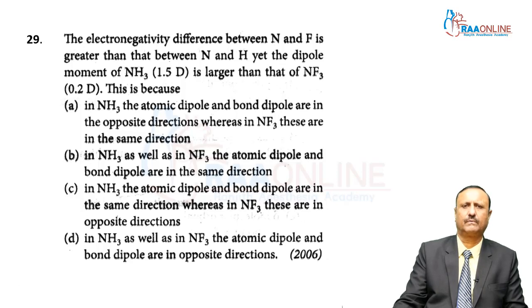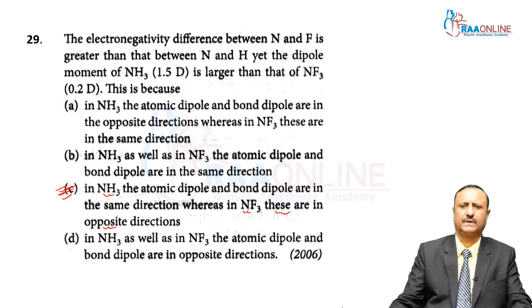Here the dipole moment of ammonia NH3, 1.5 D, is larger than that of NF3, 0.2 D. This is because, my dear students, for question number 29, you can go to answer C, because in ammonia the atomic dipole and bond dipoles are in the same direction, while in NF3 these are in opposite directions. We can see the structure of NF3 in previous questions. So, you can easily solve this question. Question number 29, answer is C.